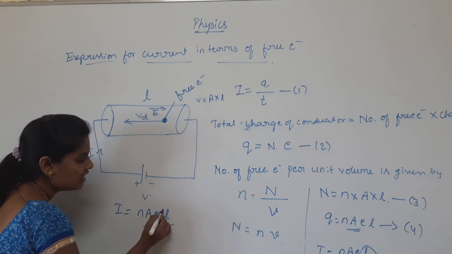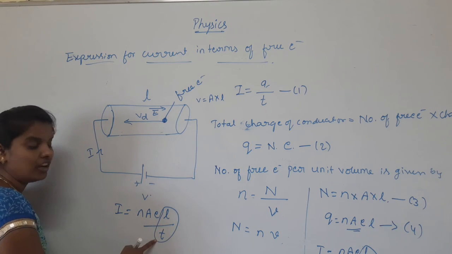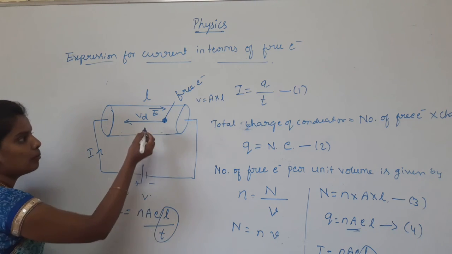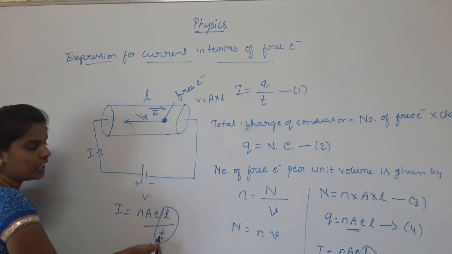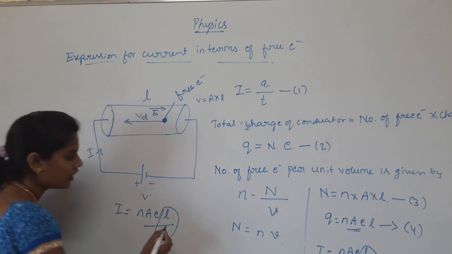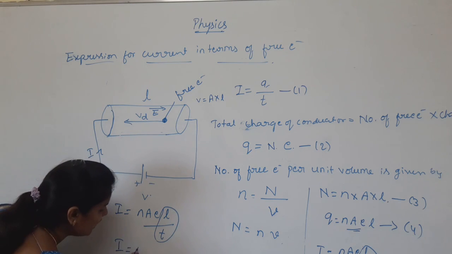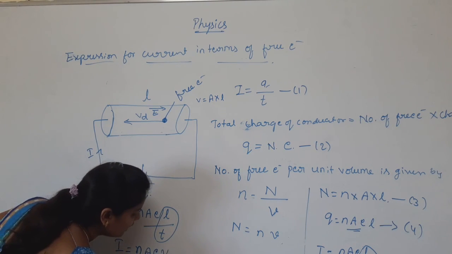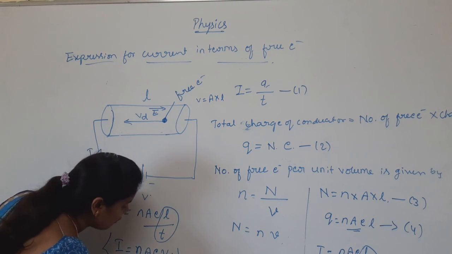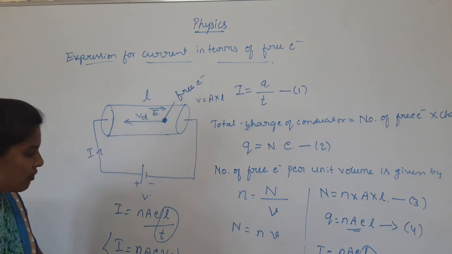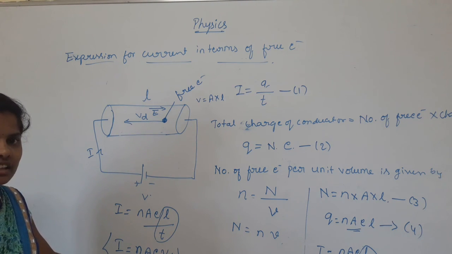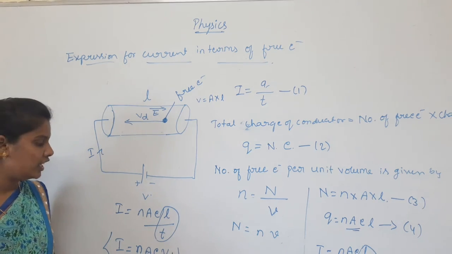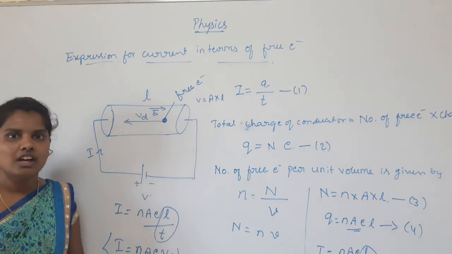Here L divided by t is the drift velocity, V_d, the distance travelled per unit time. Therefore, I equals n A e V_d. This is the expression for current in terms of free electrons in a conductor. This is regarding current inside a conductor in terms of free electrons. I will stop here. Thank you.